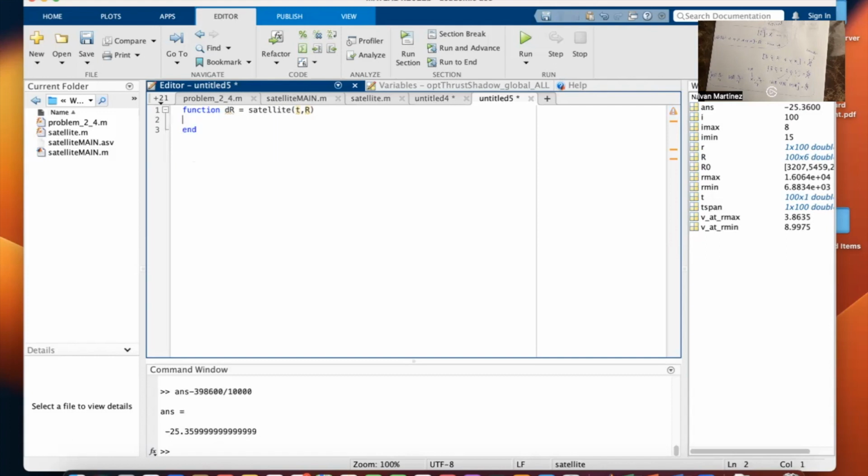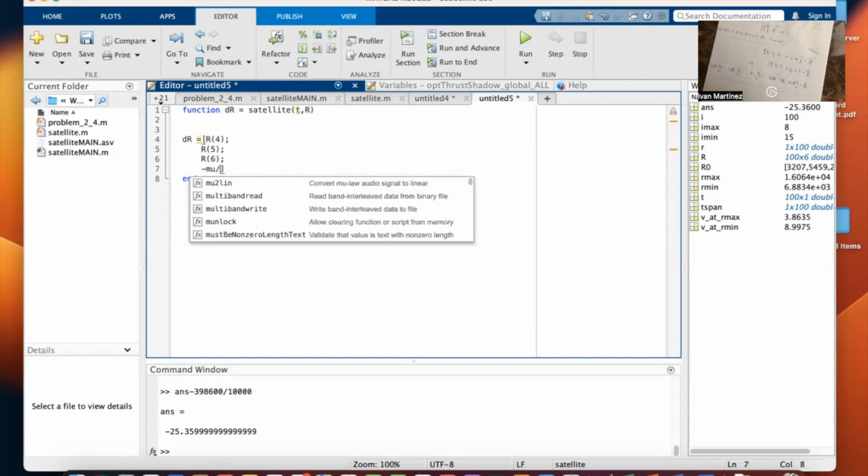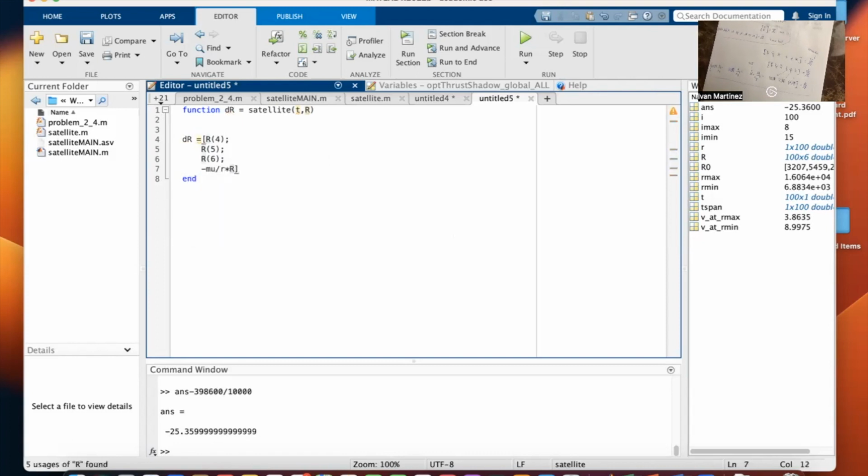Now we need to define dr. What is dr? We have it done on the paper. dr has 6 components. The first one is R4, second one is R5, third one R6. These are the 3 velocities. Now, 3 accelerations, which are minus mu divided by r to the power 3, times r1.